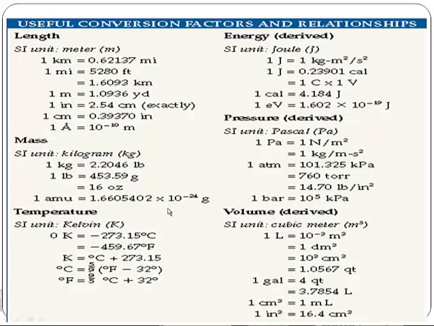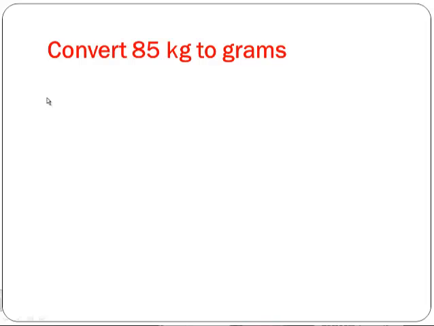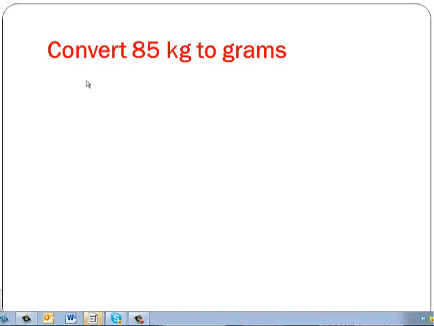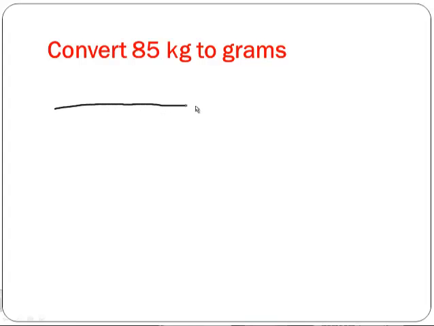All right, these are some other conversion factors. You may want to go back to these conversion factors to refer to them as you're working problems. Let us begin with the following problem. I want to convert 85 kilograms to grams. So, the first thing I'm going to do is draw a railroad track.